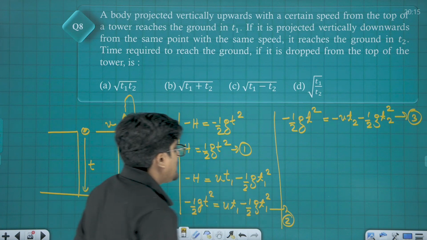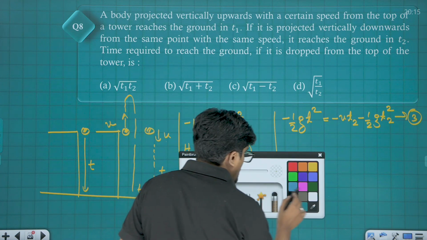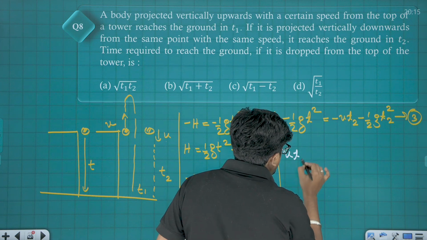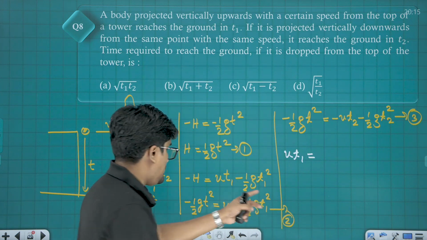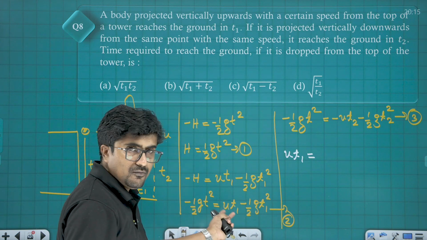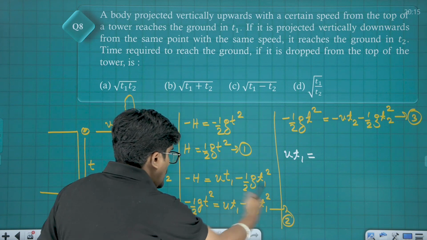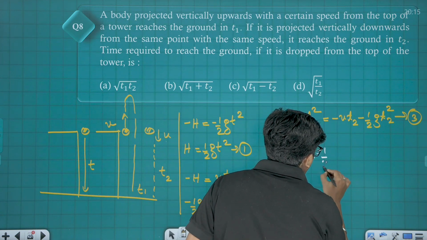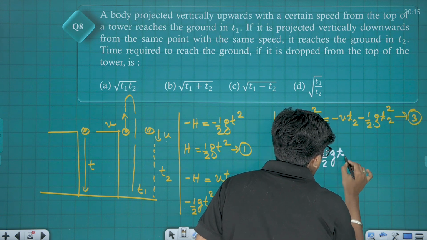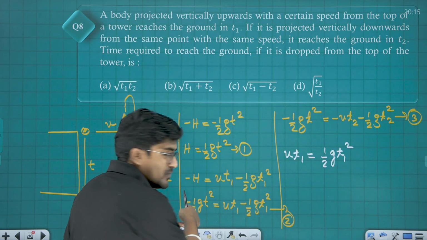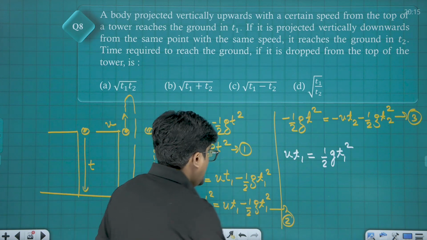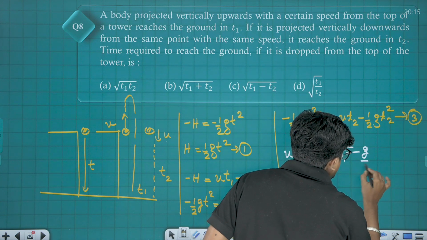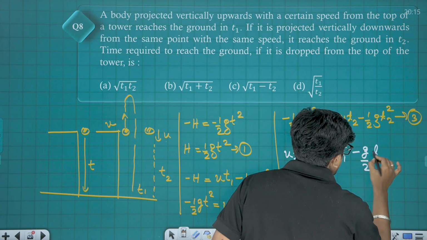Once this comes to the left, it is going to be half of g into t1 square, positive. And I am left with minus of g by 2 into t square.